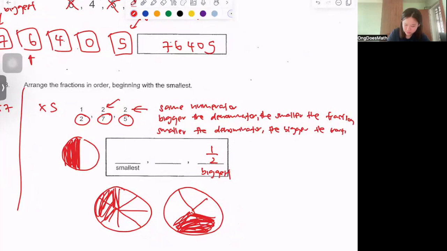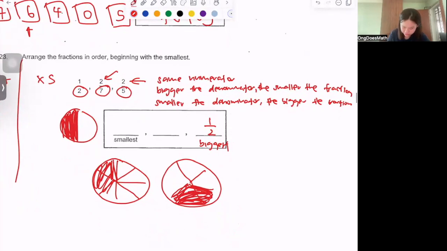And you can kind of see it from here. So this is 2 out of 7, here is 2 out of 5.